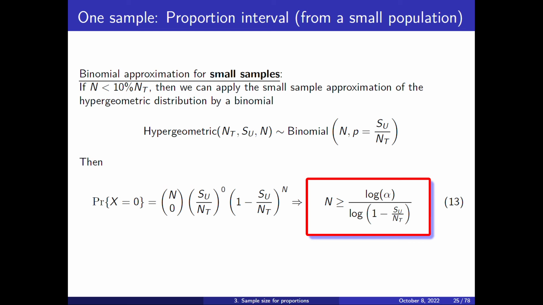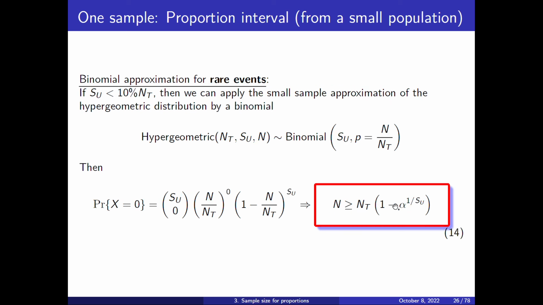If the number of bottles that we have to study is smaller than 10% of the total number of bottles, then this hypergeometric can be approximated by this binomial, and then we know how to calculate the sample size for the binomial. We did it in the previous example. So n should be larger than this.